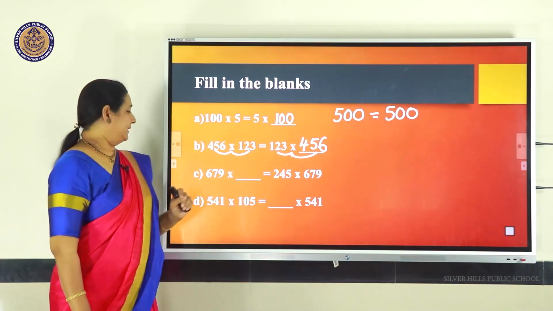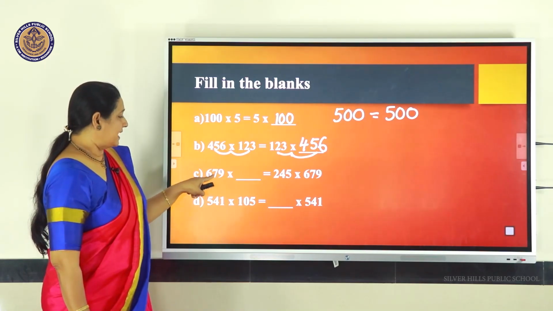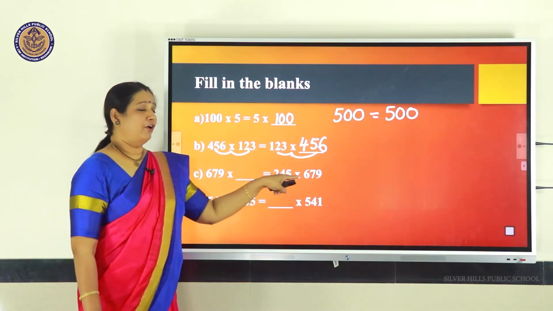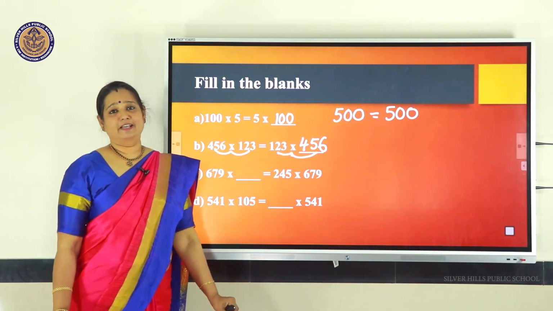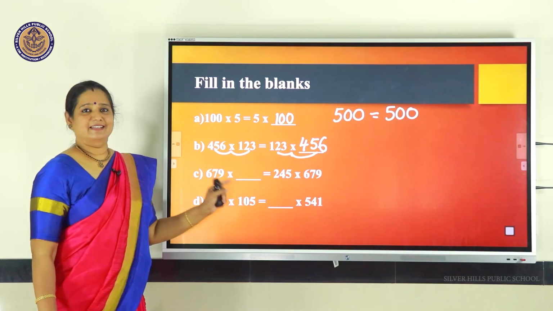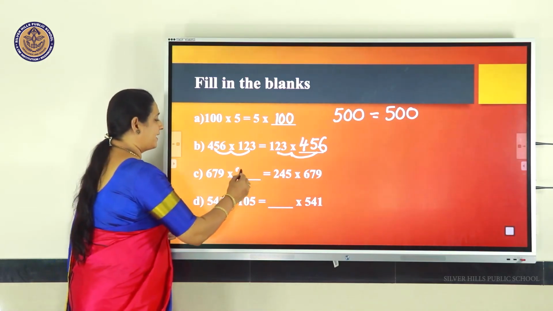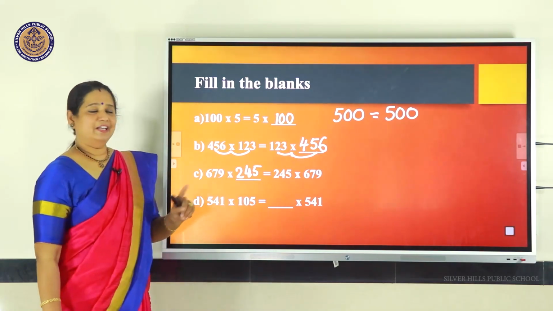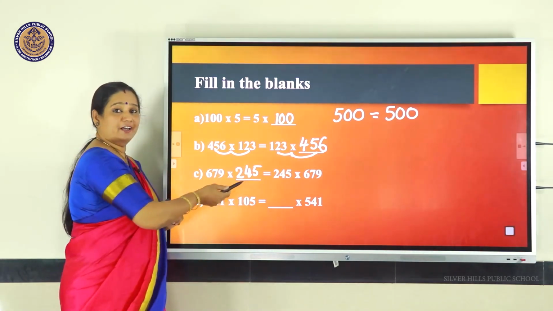The next one is 679 into dash equals 245 into 679. Can you tell me which number will come here? Yes, that is 245. Okay, look here, you have changed the order.